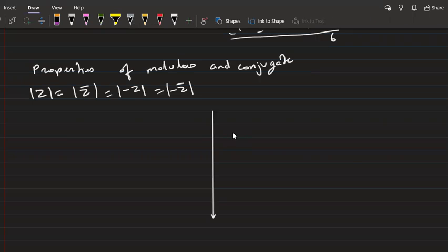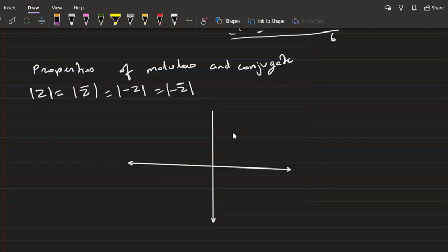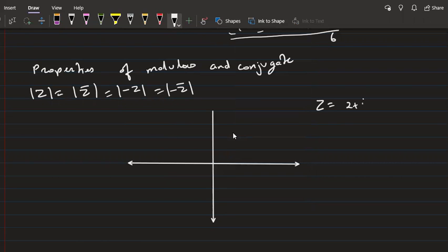Now if anyone wants to imagine this geometrically, just think about this. I'll take one example. I'll take z is equal to 2 plus i, right? So 2 plus i will be somewhere here.